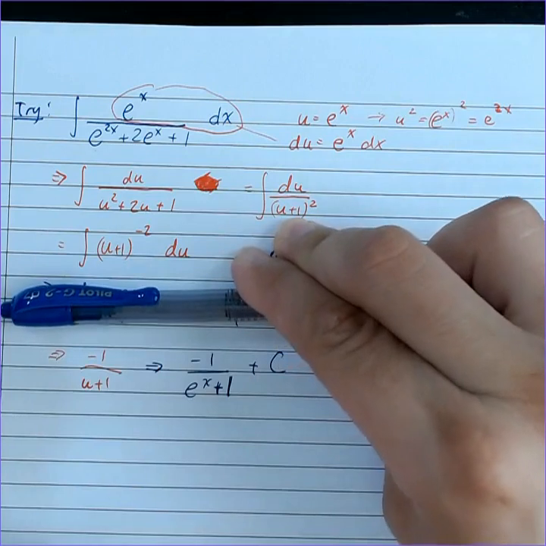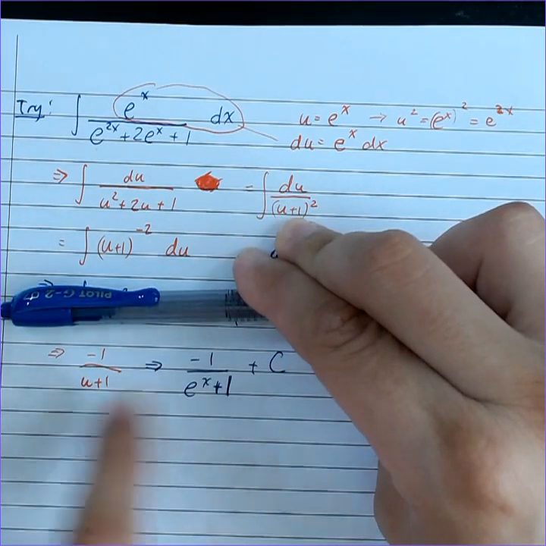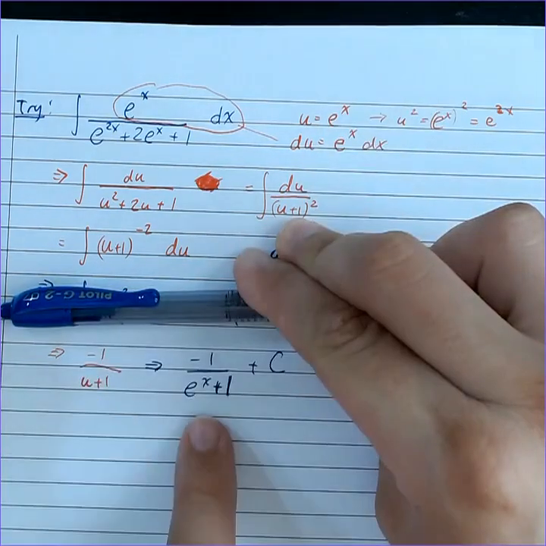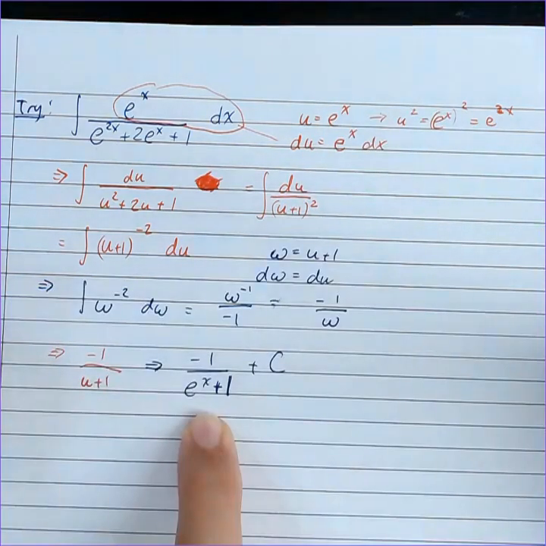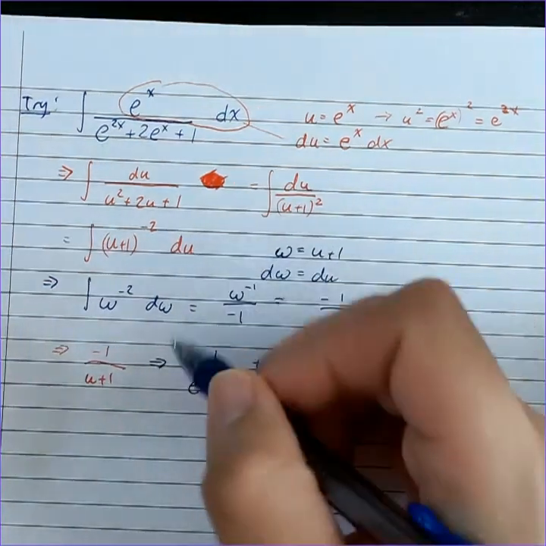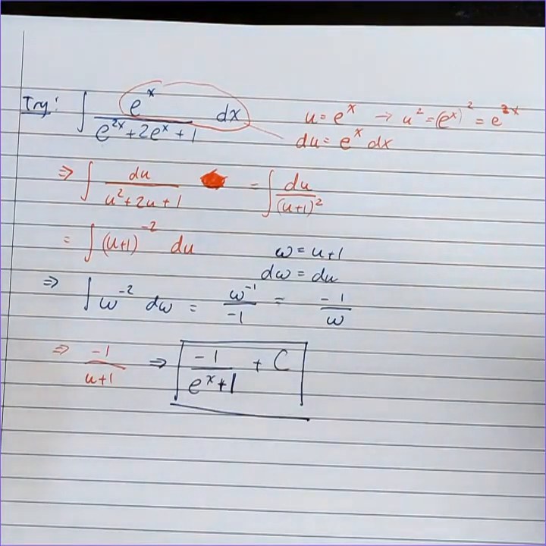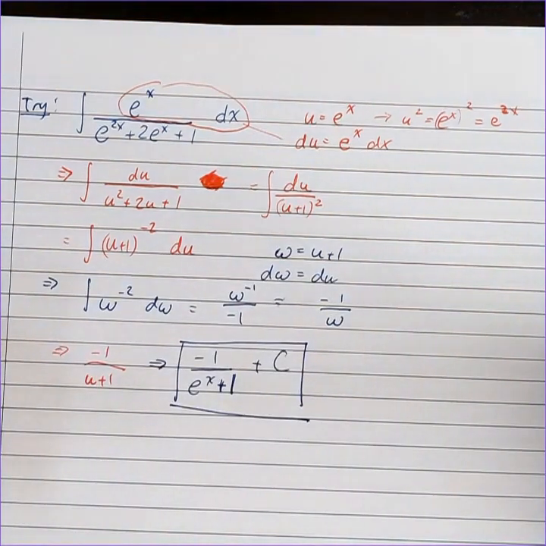Okay? So if you had skipped that step, you would jump directly from here to here, and then you would say, okay, well now u is e to the x, so pop that back in. If you don't skip that step, you use this extra bit of substitution here in blue. So either way, we get our result. And that makes us happy.